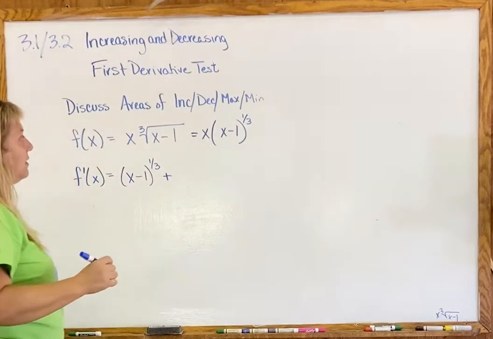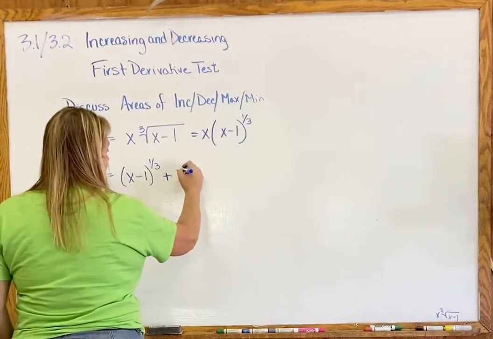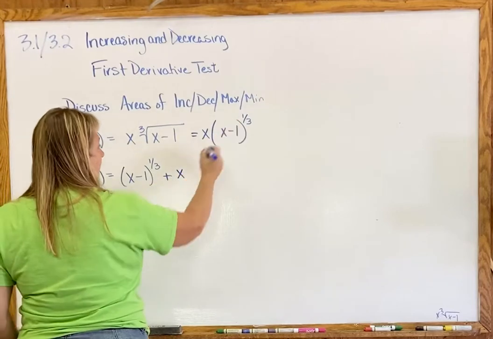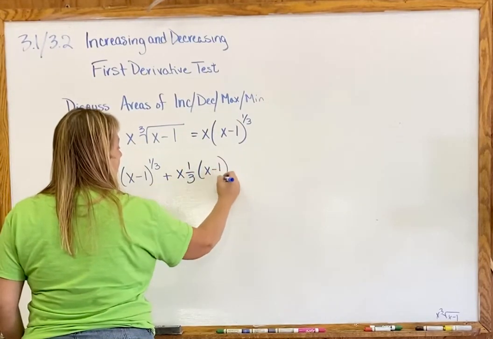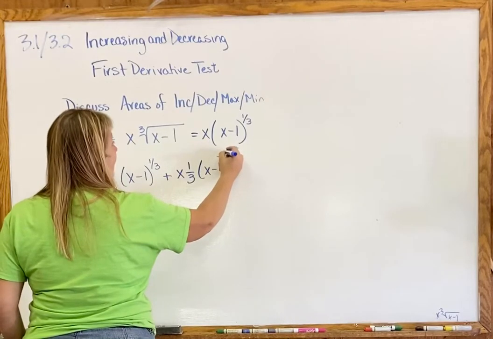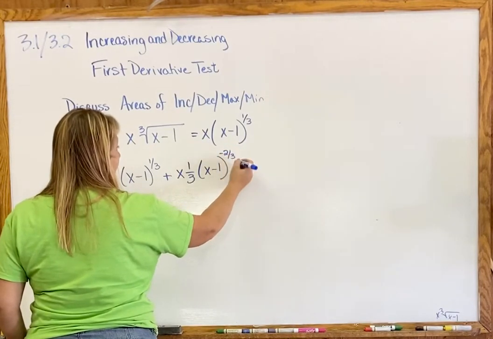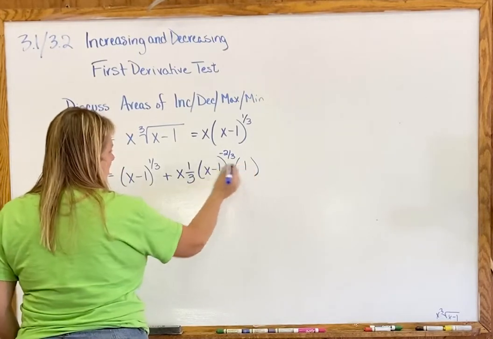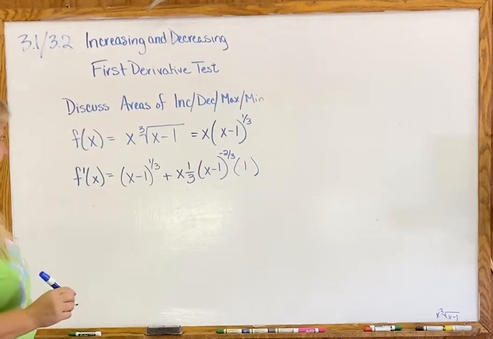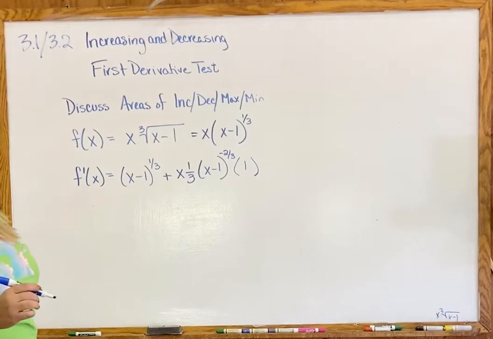Plus, leave the first, take the derivative of the second. So bring down the 1/3, go x minus 1 to the negative 2/3 power, and then multiply by the derivative of the inside with the chain rule, which is just 1, so luckily it doesn't affect us any. Pretty all right so far?